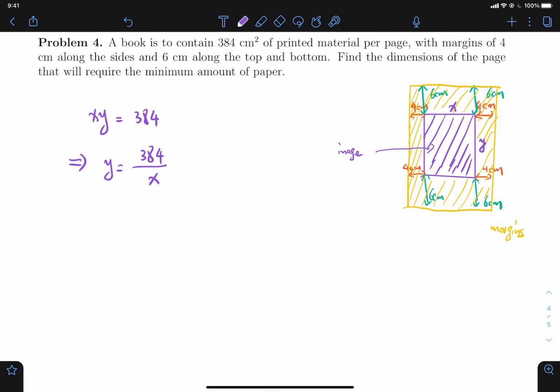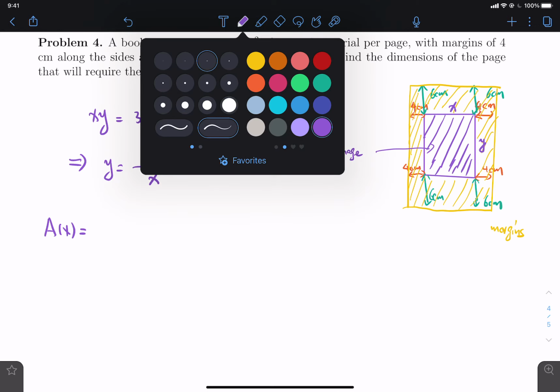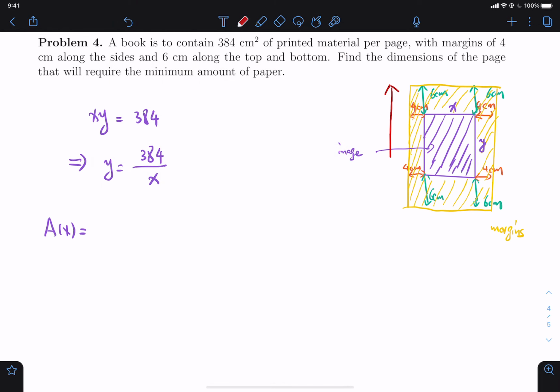And our target function is A of x equal to, that is the area of the yellow rectangle, right? So we're gonna have the height here equal to 6 plus 6 plus y, right? 6 plus 6 plus y, and the length here, that is 4 plus 4 plus x, right?